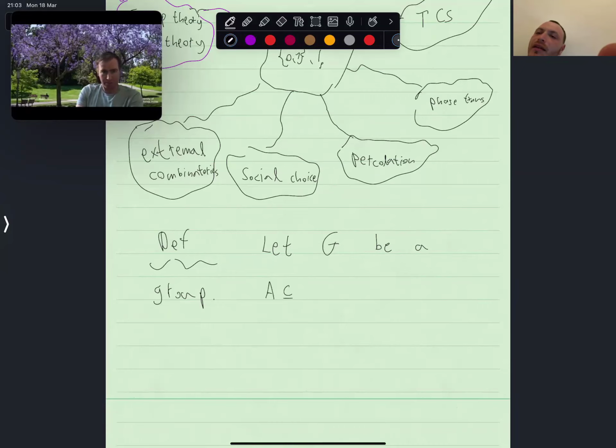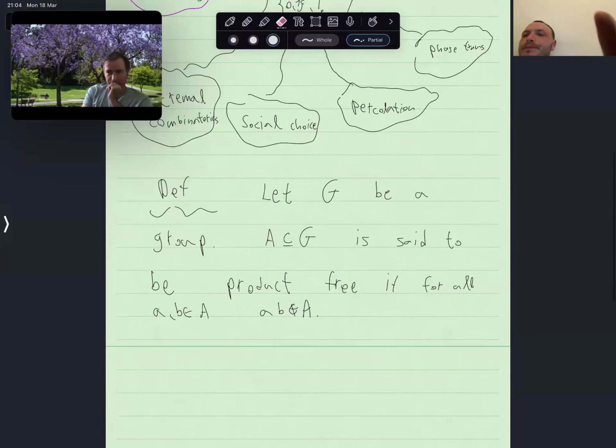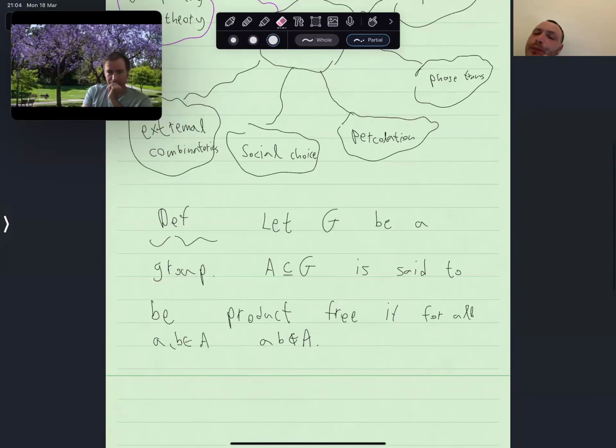A subset A of G is said to be product free if for all a, b in A, ab is not in A. So that's the opposite of being a subgroup. For each two elements in the set, the product is not in the set.